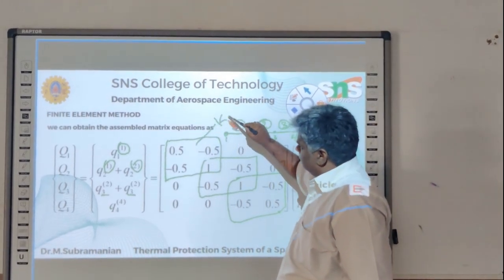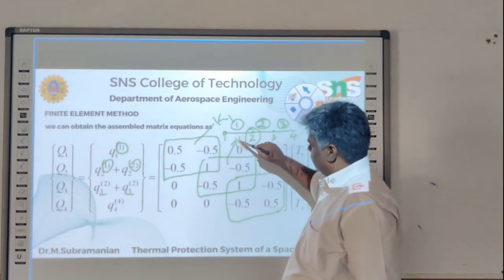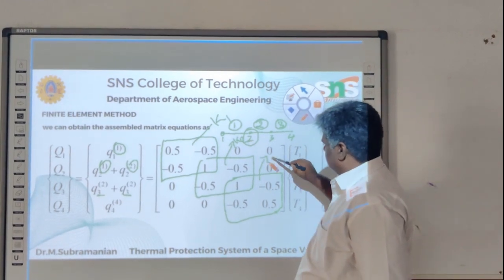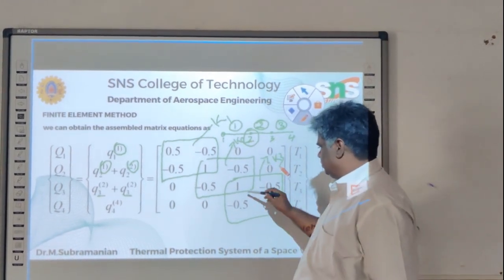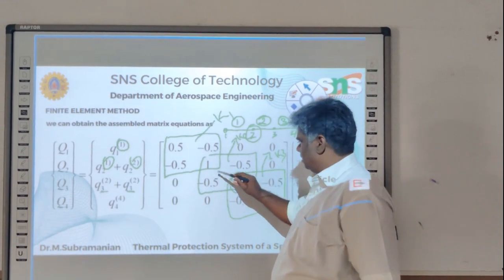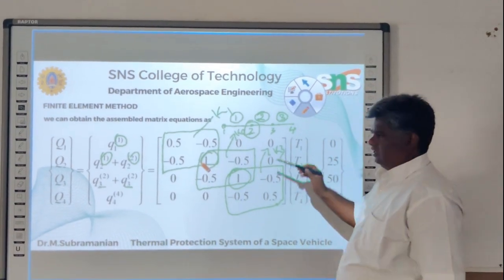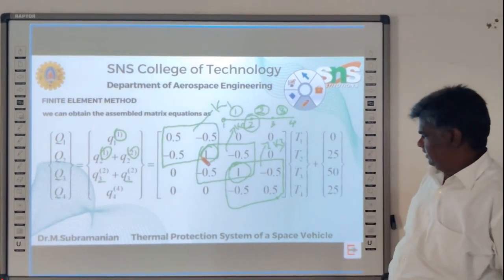This is K1, this K2, this K3. You see that here we are adding the area of nodal point 2 and nodal point 3.